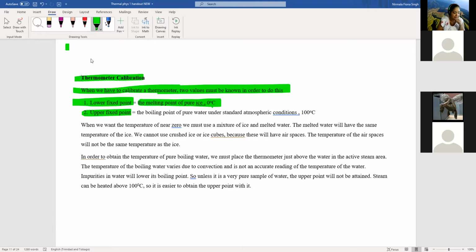So use pure water. Anybody here know how to get pure water? The easiest way is to get pure distilled water. Chemistry, biology. You all never did distillation?